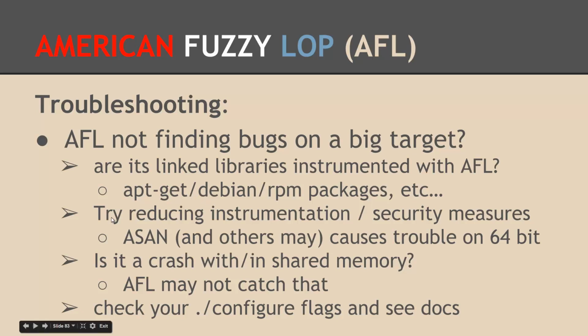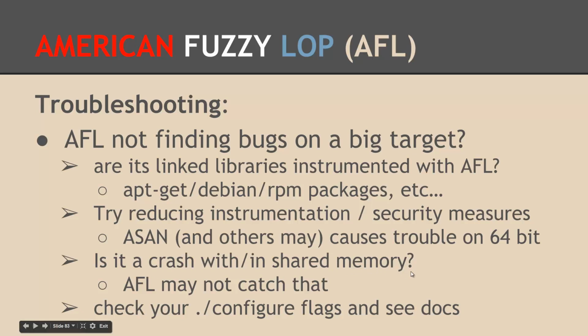Secondly, try reducing other instrumentation and security measures. ASAN, or Address Sanitizer, may cause problems on 64-bit systems, and other instrumentation flags may as well. This is outlined in AFL's documentation. AFL, I've found, has problems catching crashes that occur in shared memory.